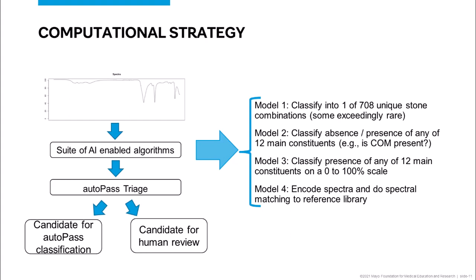So we trained two different types of models to detect whether or not there was an individual constituent present. We had a binary: do we think it's there or not? And then the secondary one: what percentage do we think it is? And that's the shape of the overall spectrum. And then we included a fourth model, which allowed us to do some reference matching and spectral matching as well.